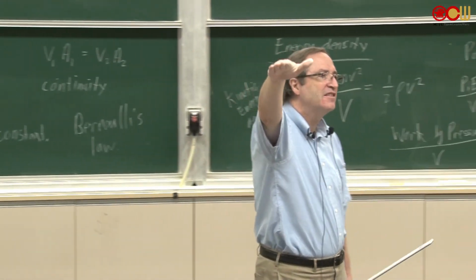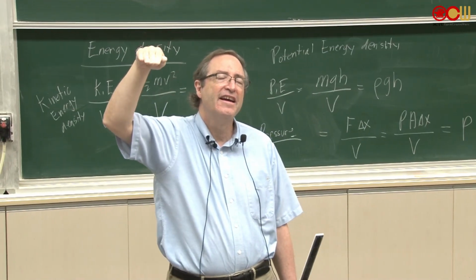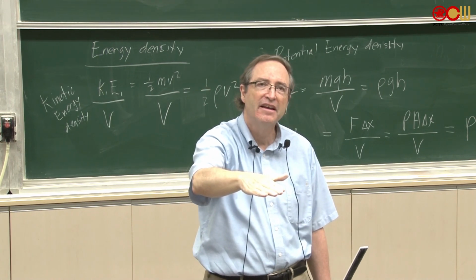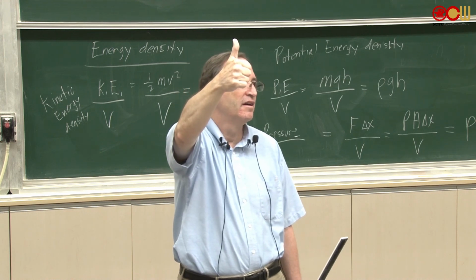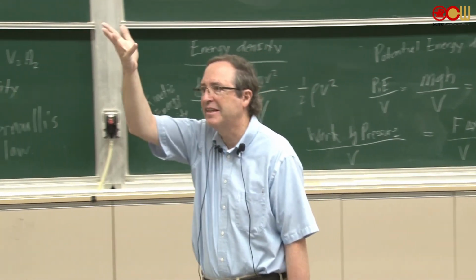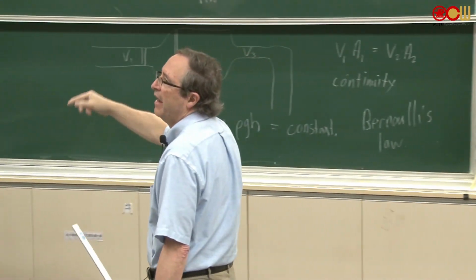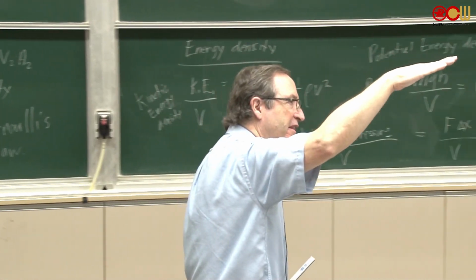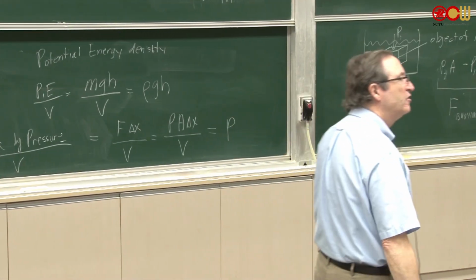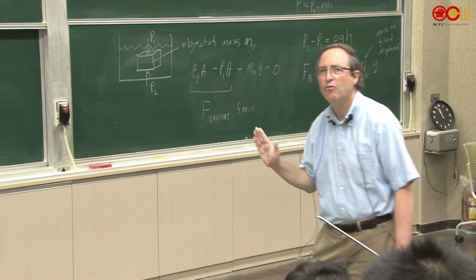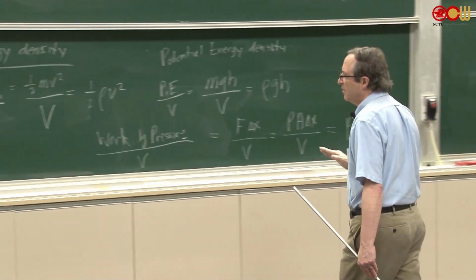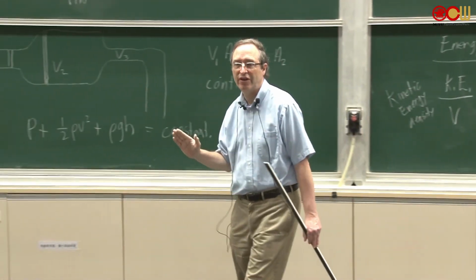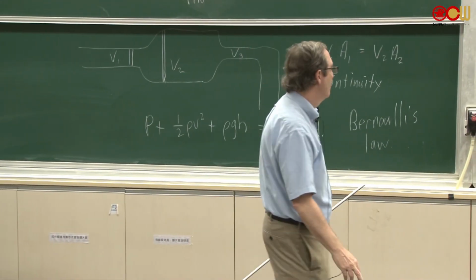So if they make the velocity flow lower on the bottom of the wing, then the pressure will be higher than it is on the top. And that can give you lift. And if the velocity is done the other way, you can make the plane go down. So Bernoulli's law more or less tells you what's going on once the plane is in flight. But getting up there, there's a lot more going on. All kinds of boundary effects and things like that. All right.